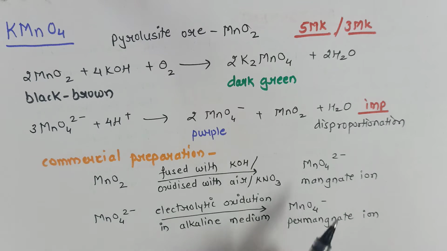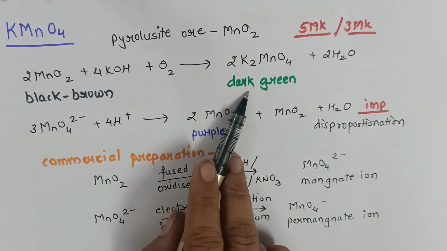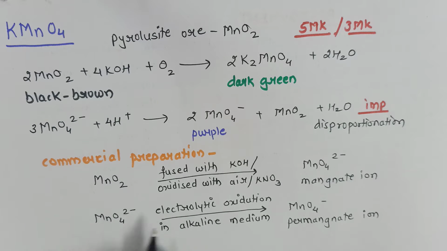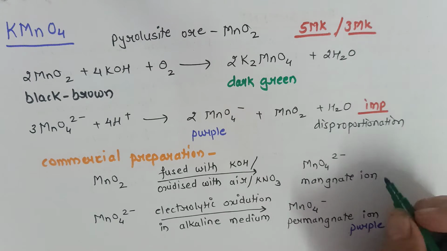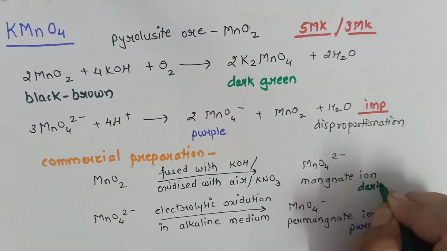Just now we have seen that the manganate ion is of dark green color. Then this manganate ion is further electrolytically oxidized in alkaline medium, where we get permanganate. We have to remember the colors. Manganate ion is dark green.